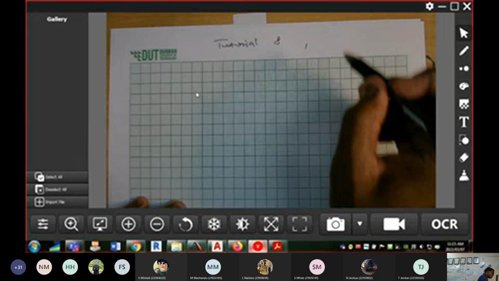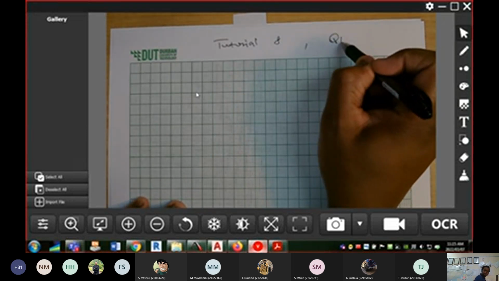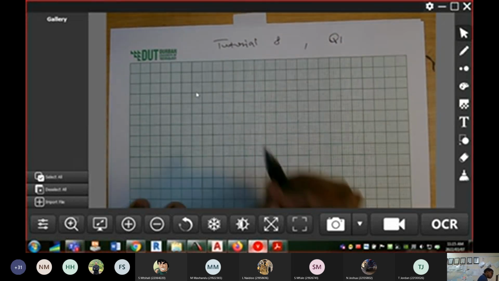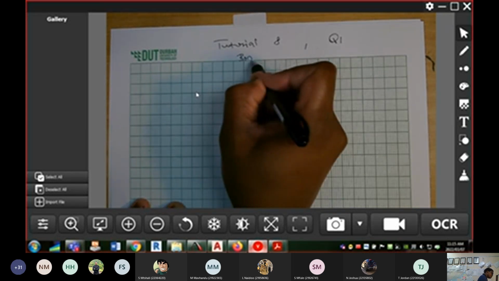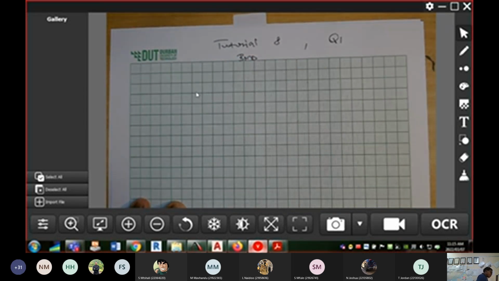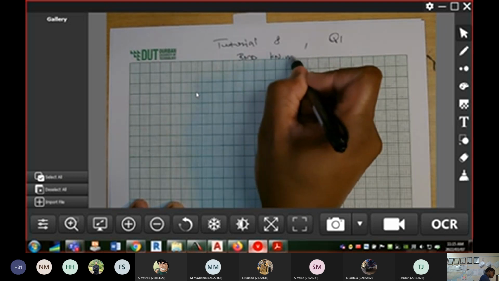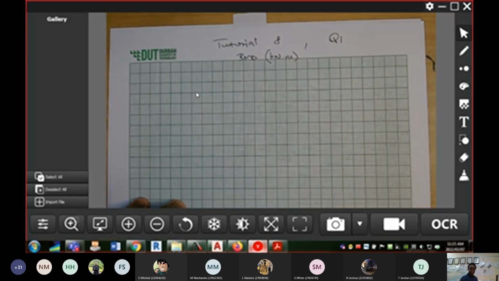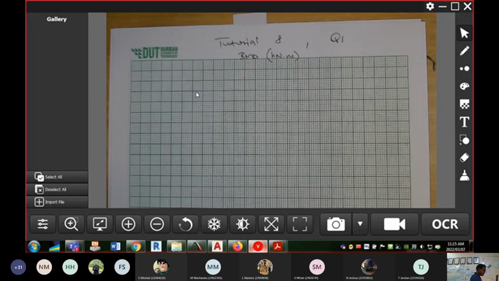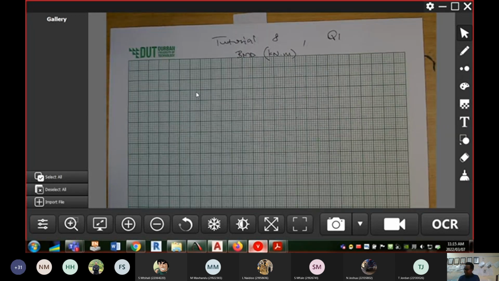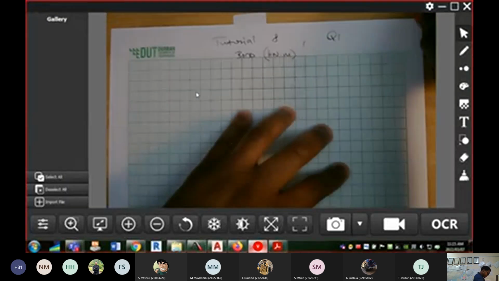This is tutorial 8, question 1. We're going to draw the bending moment diagram. The units are kilonewton meter. That's what we're going to do. I just need to get something to hold this in place, otherwise it's going to cause problems.